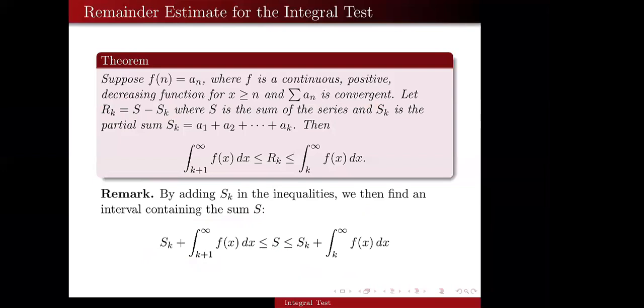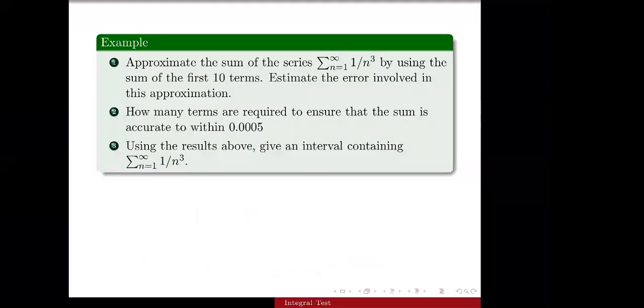Let us try this theorem and the methods in here. Approximate the sum of the series 1 over n cubed by using the sum of the first 10 terms. Find the error involved in this approximation.